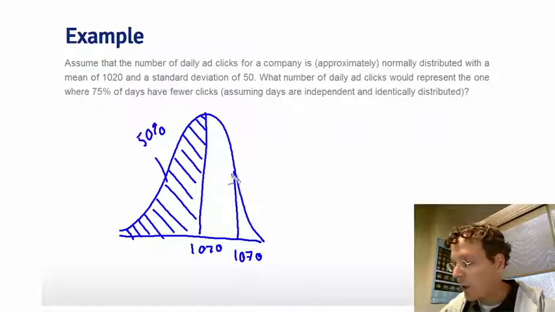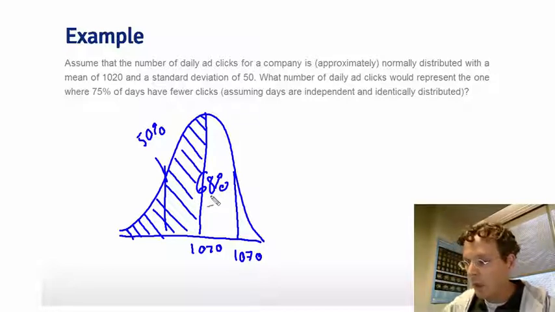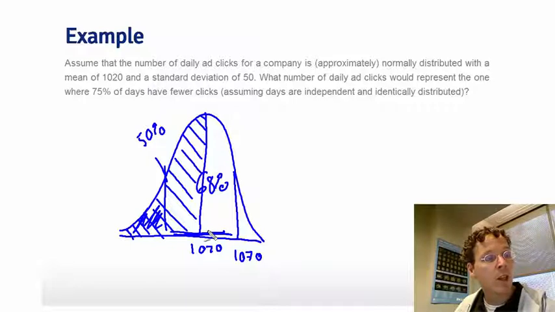Recall that between one standard deviation either side is 68%. Well, that leaves out this little tail right here. If there's 68% between these two numbers, that would put 32% outside of it, and then 16% in either tail because the normal distribution is symmetric.